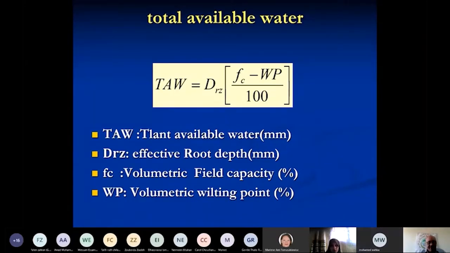A lot of engineers don't give a lot of focus to effective root depth, but if the effective root depth is not correct, everything will be wrong. And effective root depth depends on the plant, of course, and even for the same plant it is not the same everywhere.